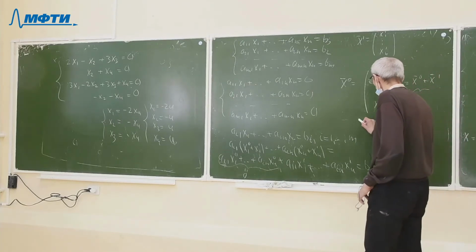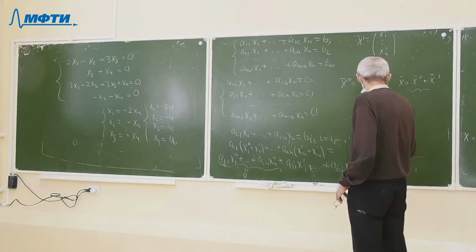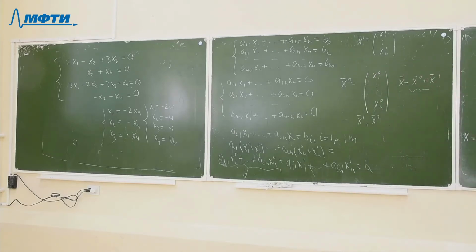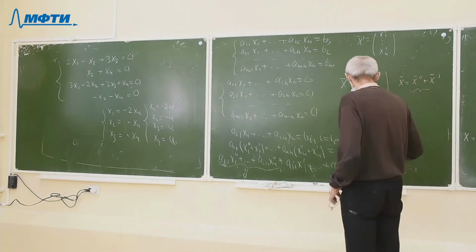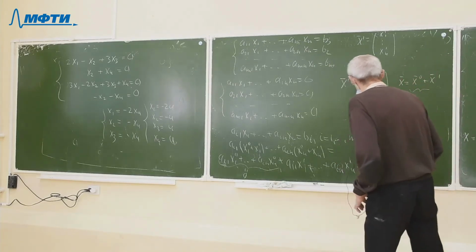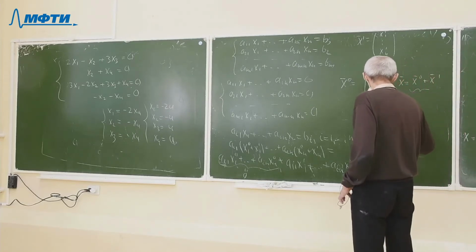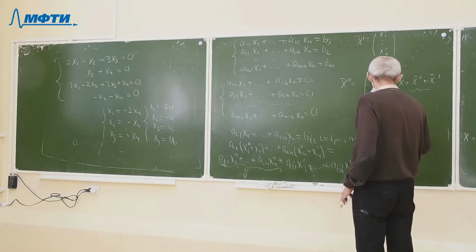Conversely, if we have two solutions of a non-homogeneous linear system, their difference is a solution of the homogeneous linear system.